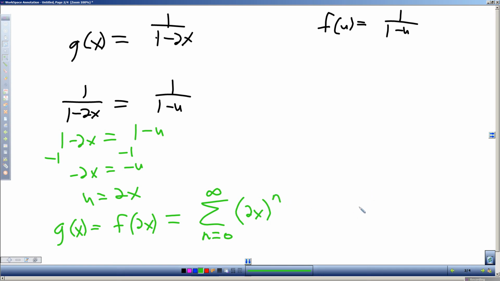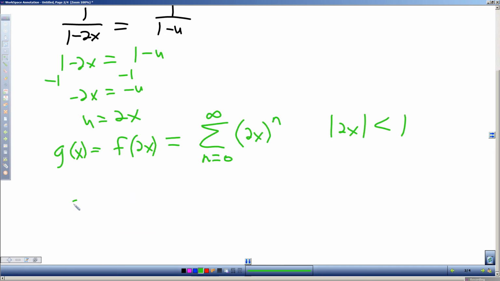And what is the restriction? Yeah, because remember, that's the only way that this converges, is when the common ratio is less than 1 in absolute value. Okay, so now g of x is equal to the sum n equals 0 to infinity of 2x to the n, and then how would we solve that?